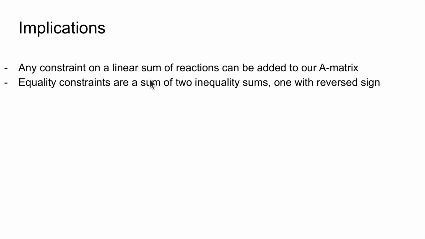And so in order to make an equality, we can do one greater or equal inequality, and then one lesser or equal inequality. Those two inequalities combined correspond to just a simple equality. That's how we would represent that.